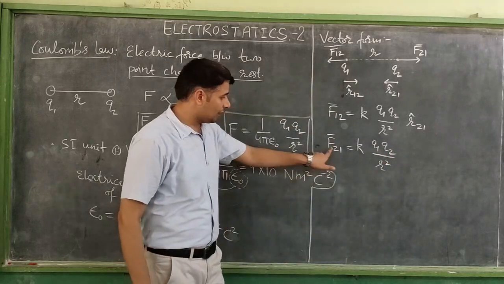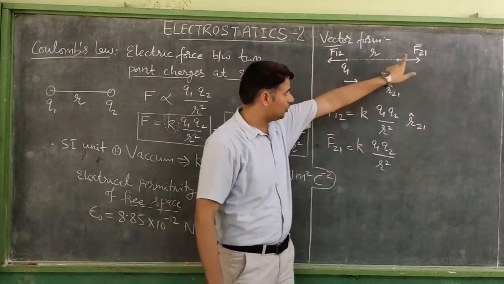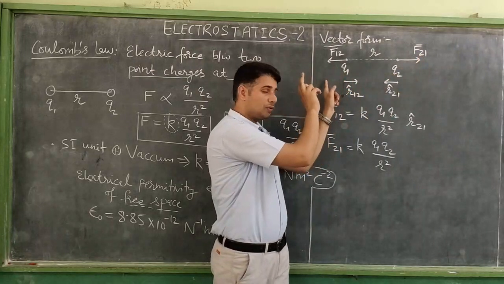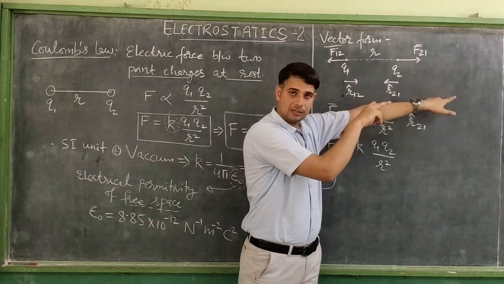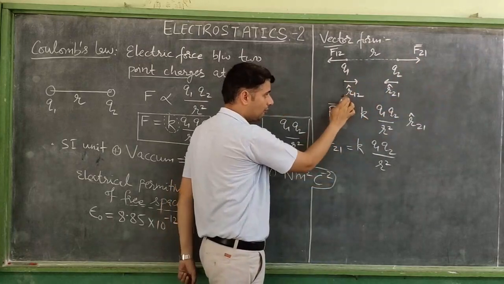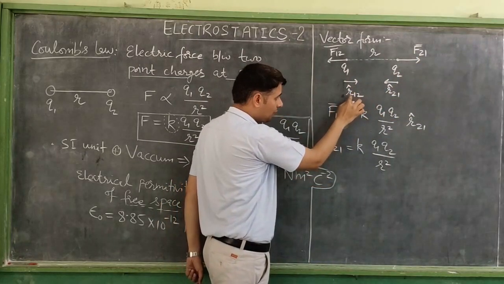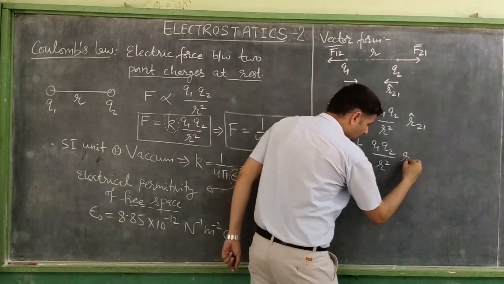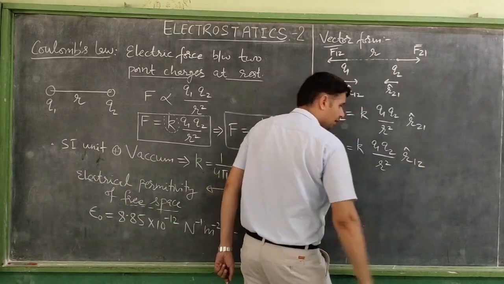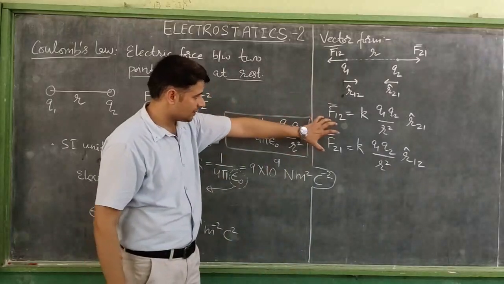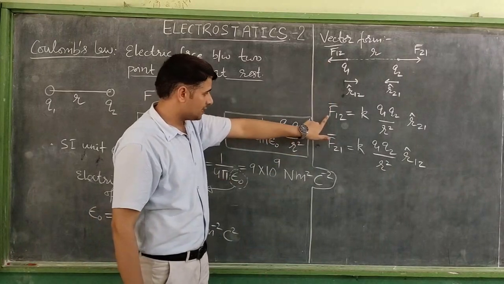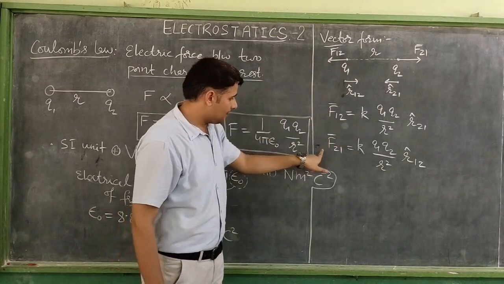Now we have to think about the direction. Since the direction of F21 is right side, that is from charge 1 towards charge 2, for this we have to use the unit vector as R12 cap. So here we have successfully written the vector form of this Coulomb's force, that is F12 vector, F21 vector.